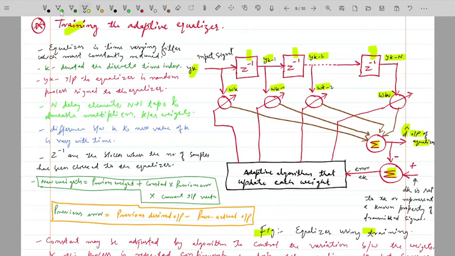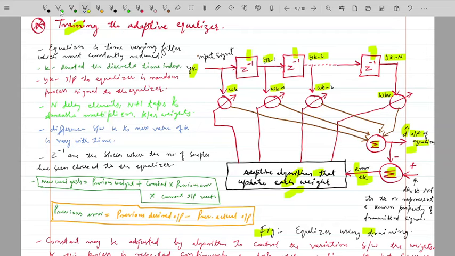If there is any error in the output, this signal is fed back to the adaptive algorithm. e of k represents the error signal, and according to this adaptive algorithm and error signal, each weight is changed continuously.